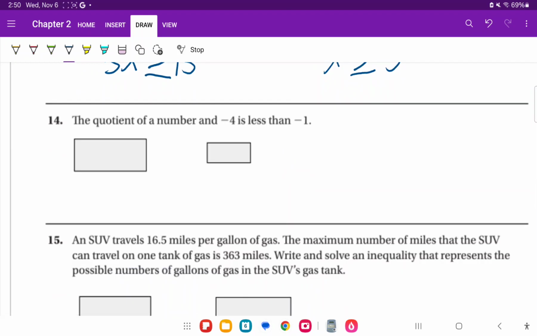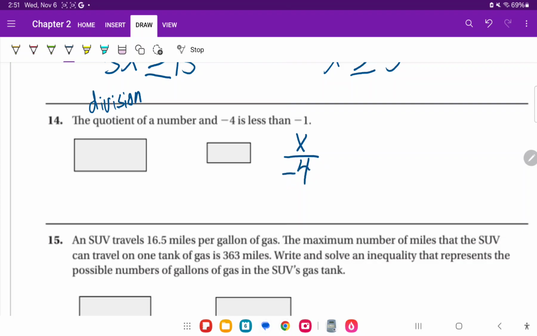Now number 14, the quotient of a number and negative 4 is less than negative 1. So quotient is the answer to a division problem. So the quotient of a number, that's going to be x, and negative 4.